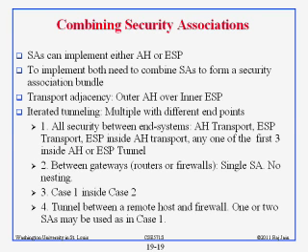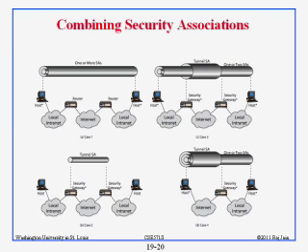It could be AH transport or ESP transport or ESP inside AH, any one of these. So this is basically one inside the other, but everything is end to end. So this is a straightforward, simple thing. You could keep putting tunnels inside the tunnel, which means that you can keep putting headers on the headers on the headers, end to end. So that is case 1, which is simpler.